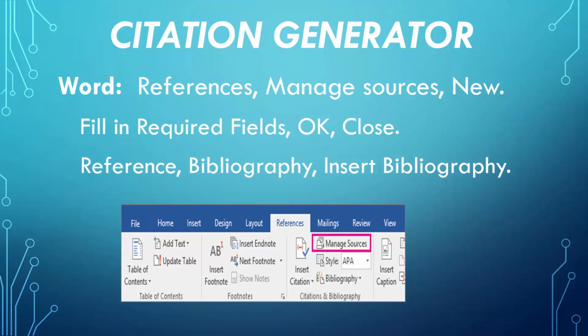Then click OK and Close, or you can select New again to continue inputting additional sources. When you are done, you can go to Reference and Bibliography, then Insert Bibliography to have your entire works cited page created, inserted, and formatted for you.